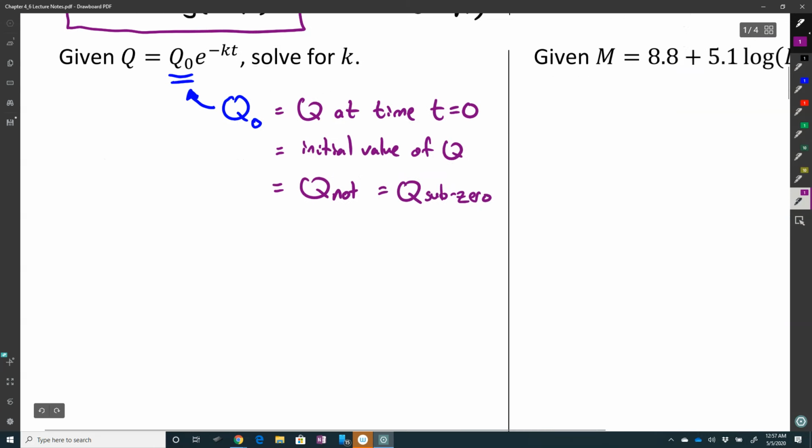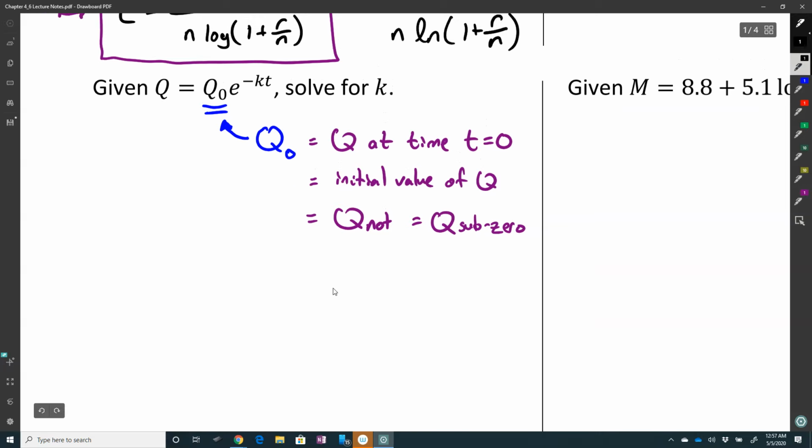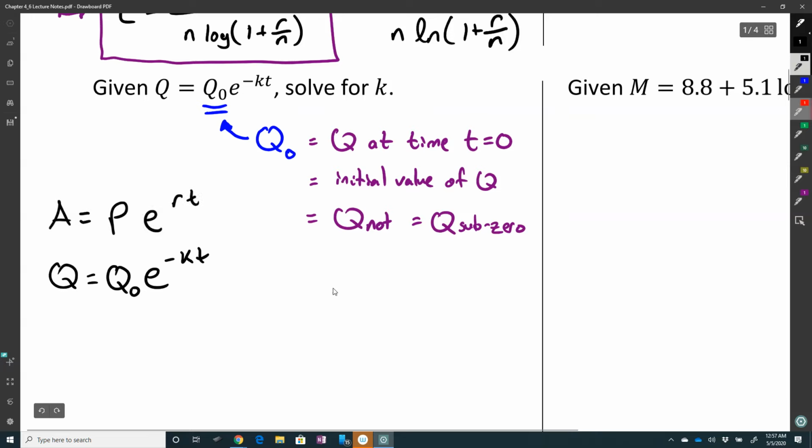So we want to solve this equation. What I want you to notice is that this equation, Q equals Q naught e to the negative kt, is very similar to A equals P e to the rt.